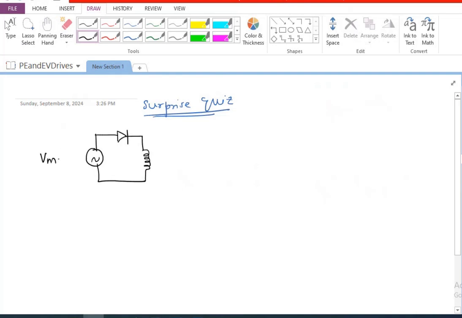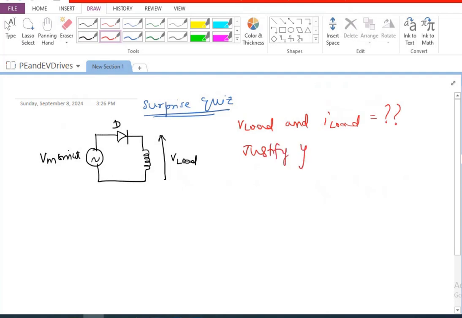So this is Vm sine omega t, and this is a diode, and this is a pure inductance. What was being asked was, what is the voltage across this inductance and what will be the current waveform, both. So V load and I load. What are these? And justify your answer. This is what was asked.